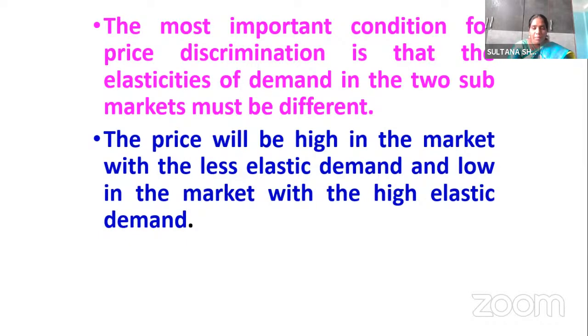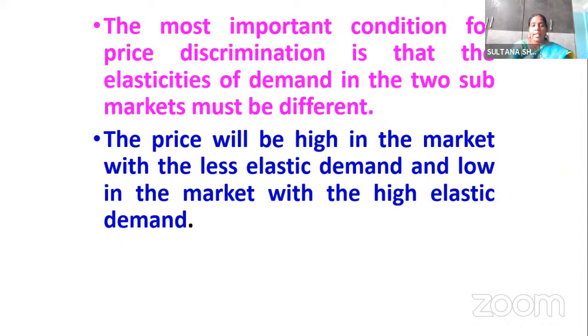To do the price discrimination, first, the monopolist should divide the market into different submarkets. This submarket division is based on what? Elasticity of demand. It means in one market, elasticity of demand is more. In another market, elasticity of demand may be less. That is the first condition.